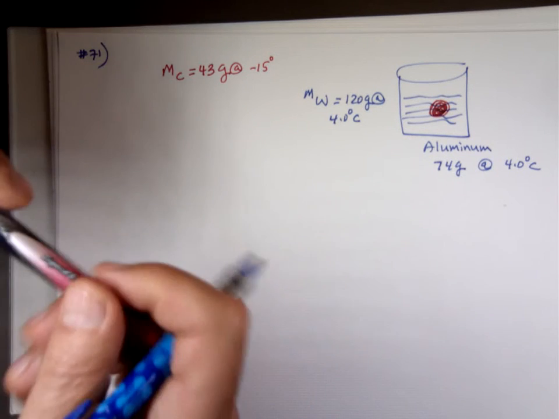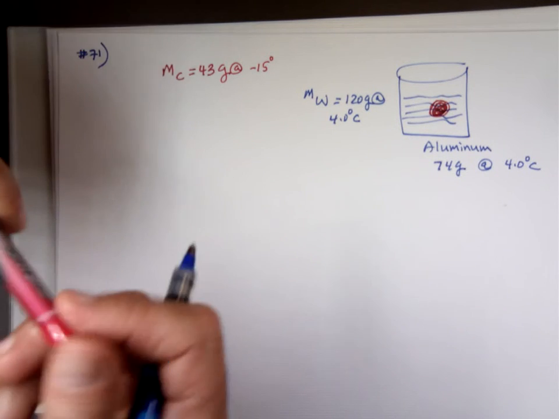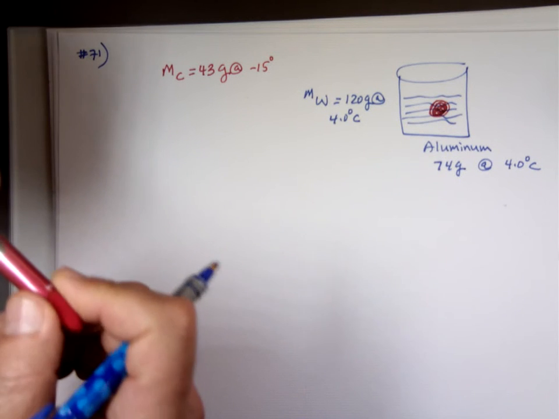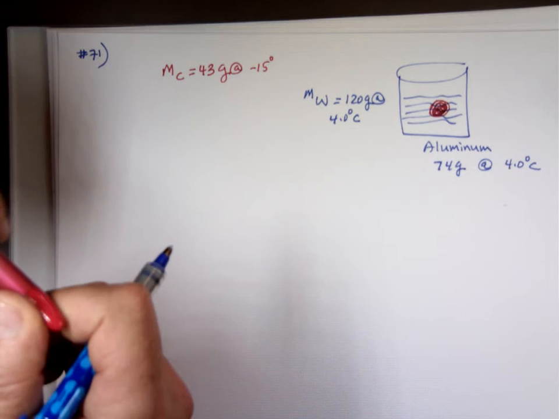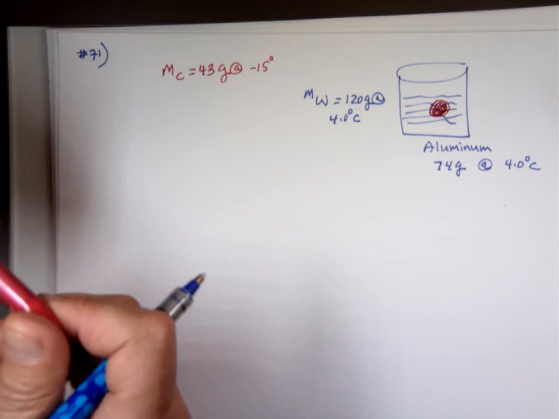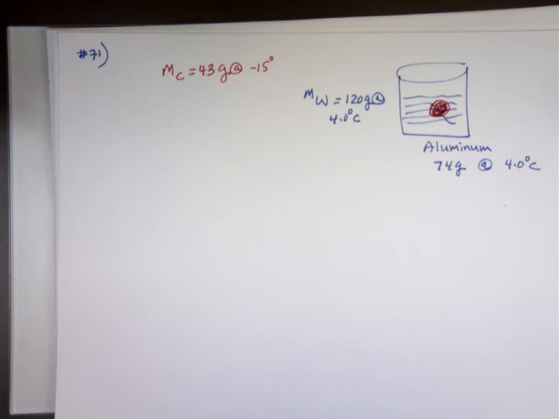Find the final temperature. And look at the second question, which says, what mass of ice, if any, is present? How much ice is present? So the fact they're asking that question, what is the mass of the ice that's present?